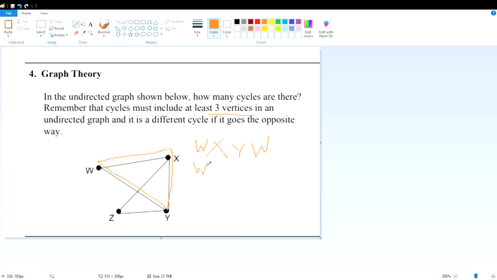It would be W, Y, X, W. So we have 2 there that have at least 3 vertices in them. We start at W, go to X, then Y, and then back to W. Or we could go the other way. We start at W, we go to Y, go to X, and then back to W.